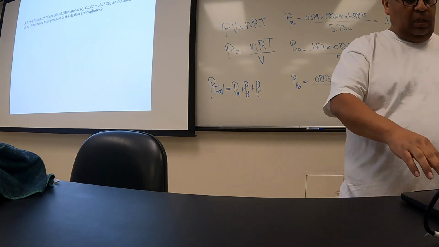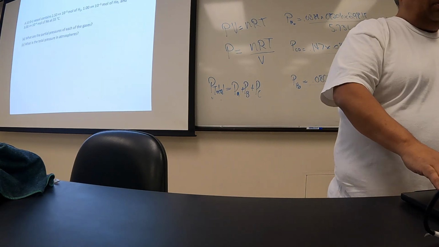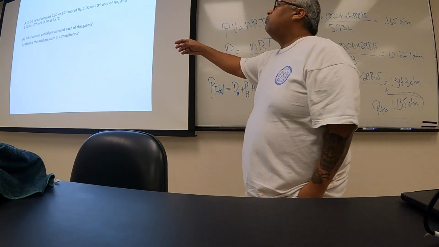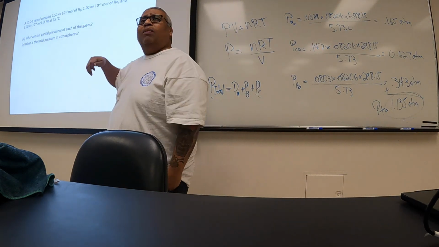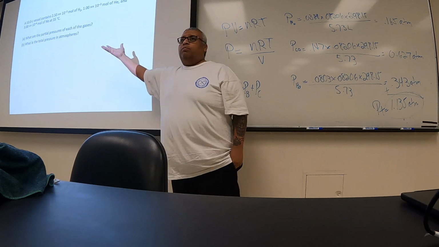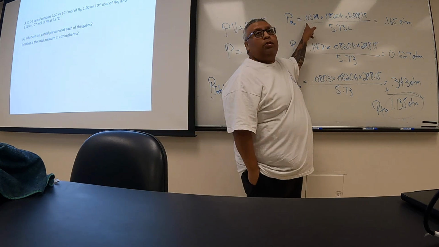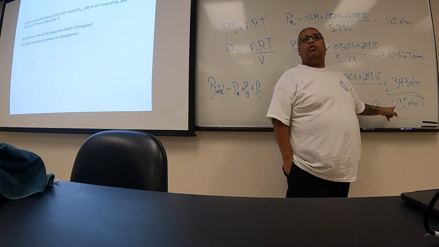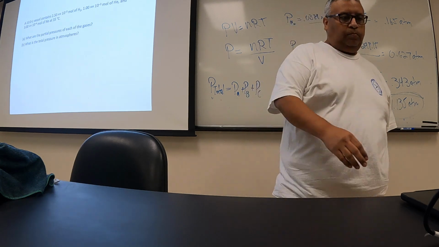Why was this one larger and the other one was so small? Well, it relates to the number of moles here. We have a really tiny amount of moles. Small amount of moles, small amount of pressure. Larger amount of moles, larger amount of pressure, right?